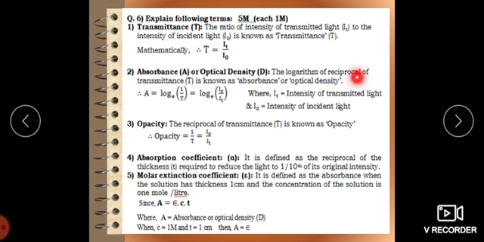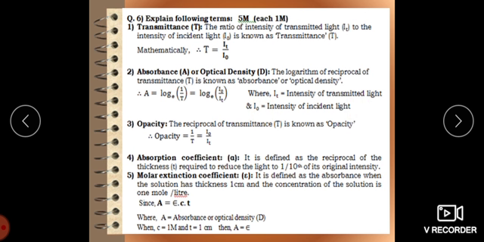We can write A is equal to log to the base e of 1 upon T, or log to the base e of I0 upon IT, because it is the reciprocal of transmittance, where IT is the intensity of transmitted light and I0 is the intensity of incident light.